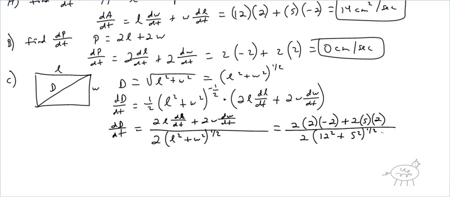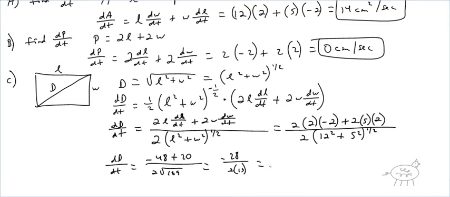Which of course is just a 5, 12, 13 triangle. We know that. So dD/dt is equal to negative 48 plus 20 on top, over 2 times the square root of 169, which is negative 28 over 2 times 13.